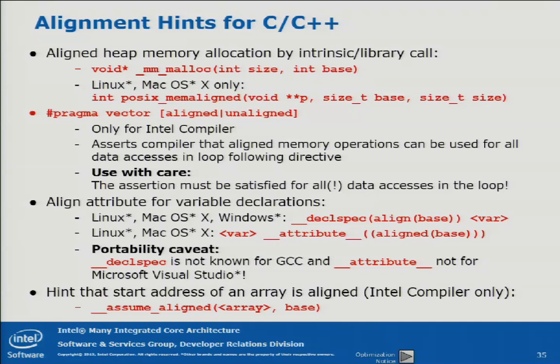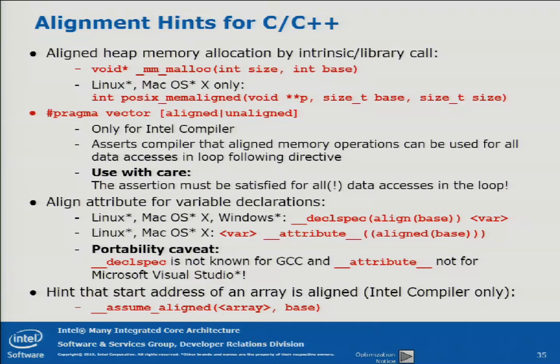Okay, how can you do that? That's really easy. There is a _mm_malloc. That's an intrinsic coming with the Intel Composer and GCC. I don't know if Cray implements that as well on Intel. Okay, so you do it automatically, right?